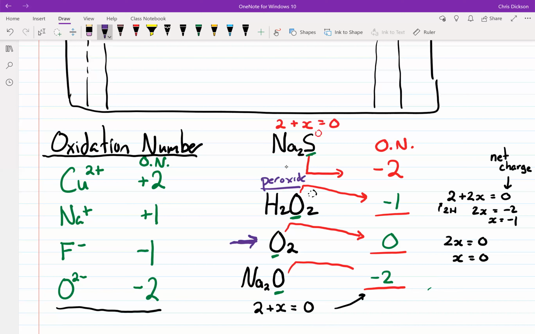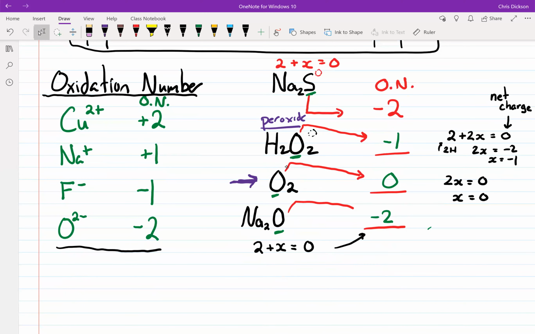Always is such a strong word in science. It's like 99% of the time going to be -2. There's always a chance there's a weird chemical out there that I don't know about, and I don't want to get caught up in some kind of specific loop here. But oxygen in a diatomic state, O2, is always 0, in a peroxide it's always -1, and generally with everything else, it's going to be -2.